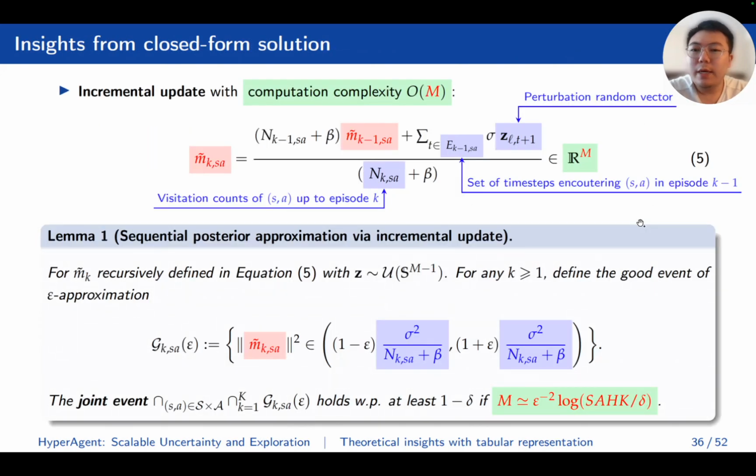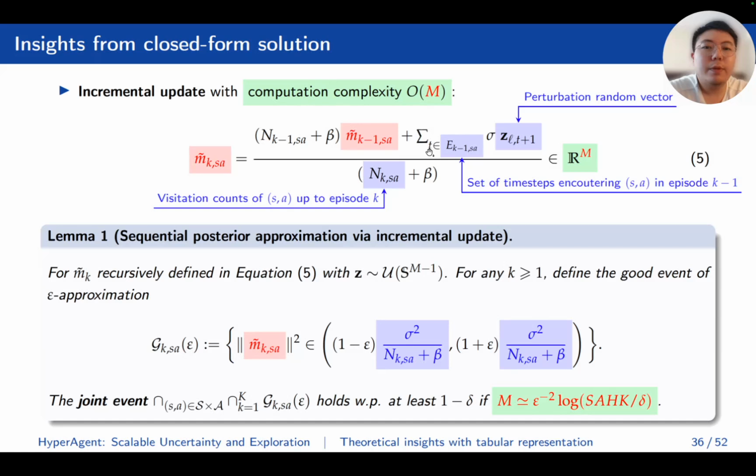So we find that there's a component in the HyperAgent that can represent the uncertainty in an incremental way, using the perturbation random vector incrementally updated, with a computation complexity depending on the dimension of this perturbation vector, that is m.